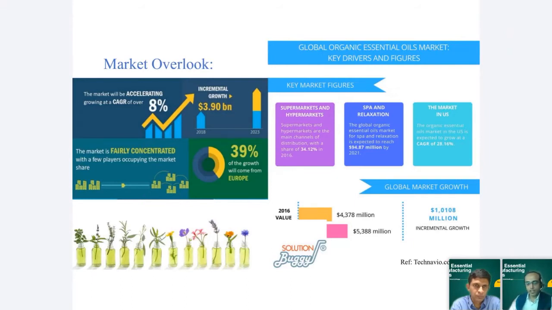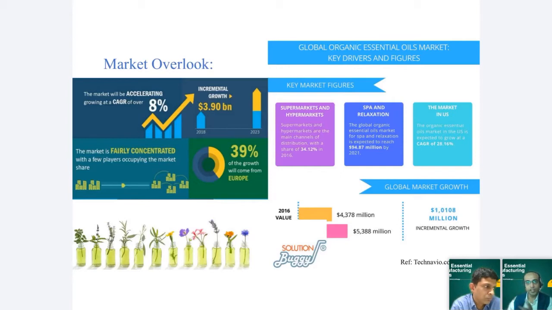So what is the market exactly right now? The market is accelerating with a huge CAGR of 8%, and the incremental growth is about 3.90 billion. The reference is from TechNavio, who have market research related to these products and the global organic essential oil market. The maximum market is supermarkets and hypermarkets and industrial areas where it is used as an essence or food flavoring.